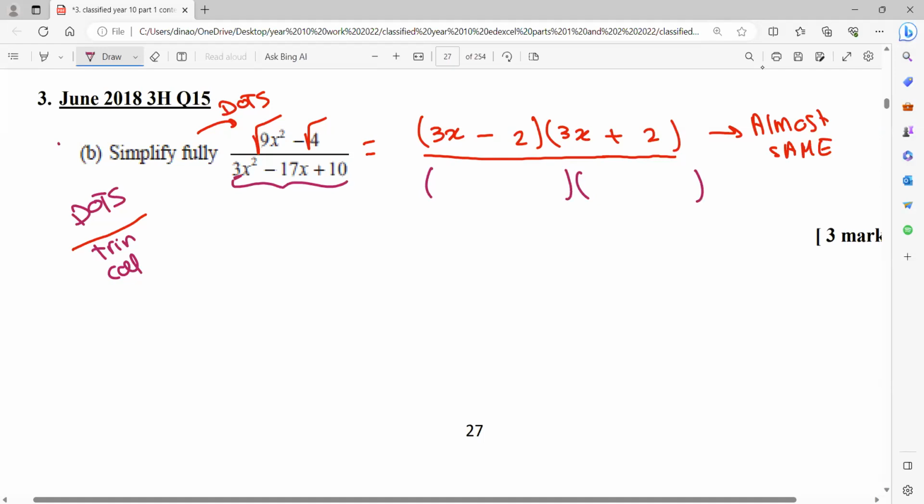The A is 3, the B is -17, and please remember that you must insert the signs. The C is +10. Press equal. The first number x1 is 5 and the second is 2 over 3. These, as we said, will be placed inside the brackets.